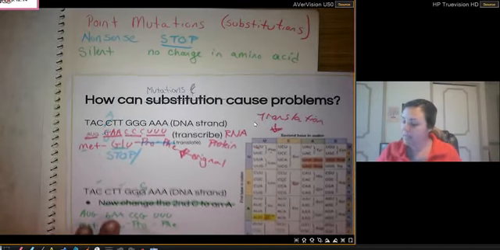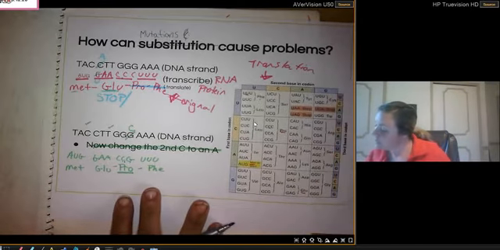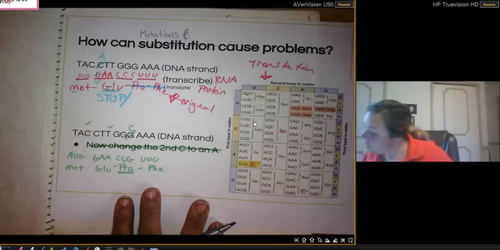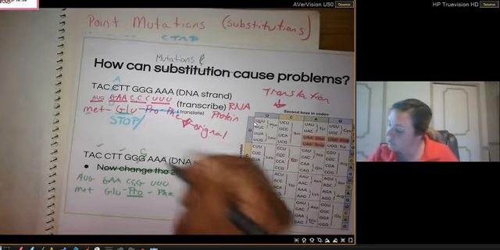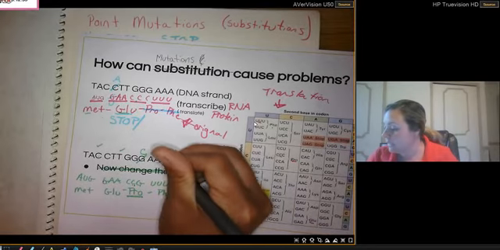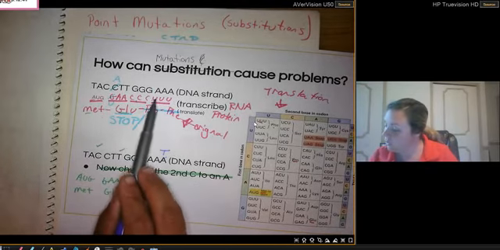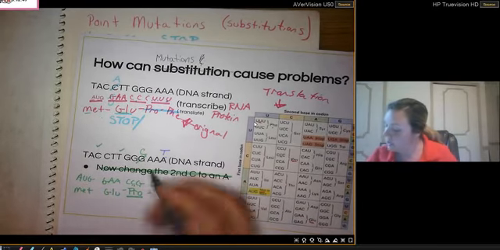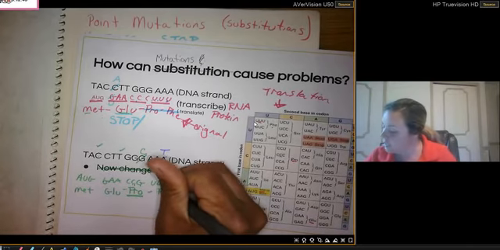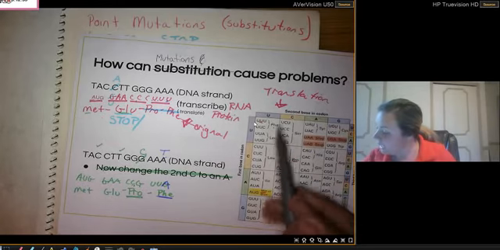So let's change this to a T. Okay, so instead of UUU, we now have UUA. So I'm just going to use this whole strand the same and change this to an A. And this is going to change this amino acid to a LEU.